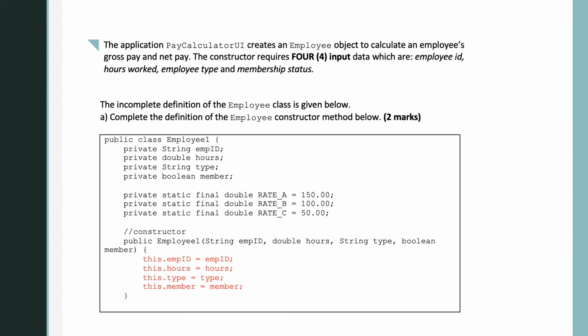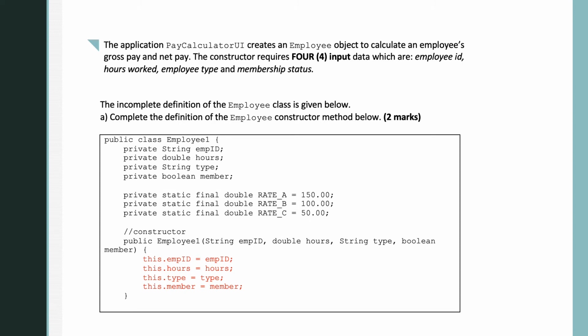Because this.empID refers to our private string empID, and the empID at the back of it refers to whatever the user input. So the same goes for the other variables. So we have this.hours equals hours, this.type equals type, and this.member equals member.